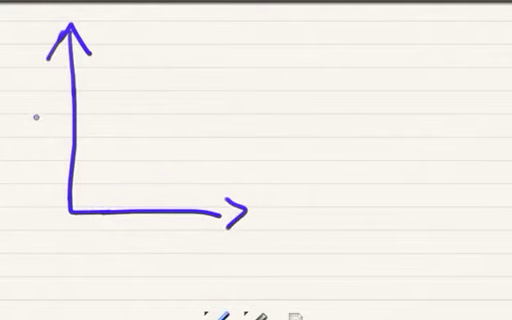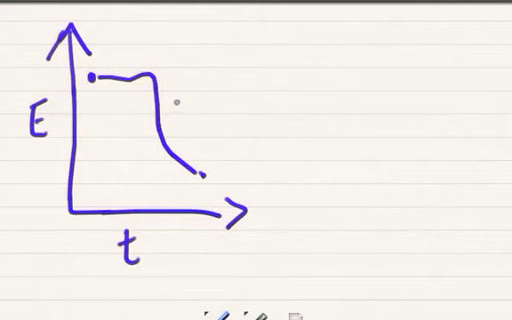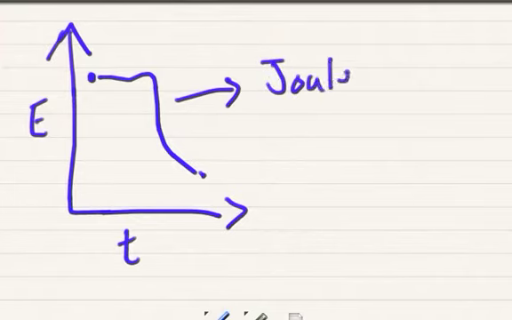Cool. So now that we got that little bit of physics out of the way, the reason I wanted to let you know is that when we do chemical reactions, and I have energy over time, and let's say an exothermic reaction, where I'm giving off energy, I measure that energy in joules, the energy released in joules.